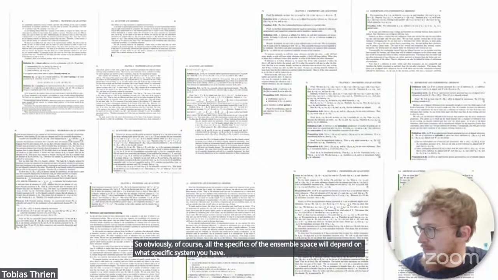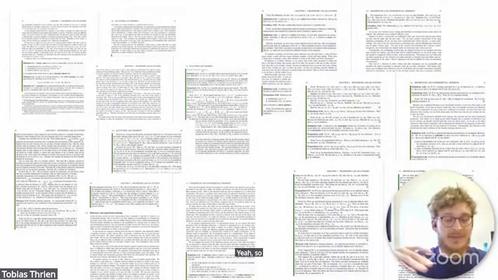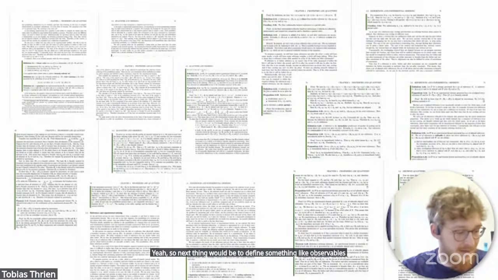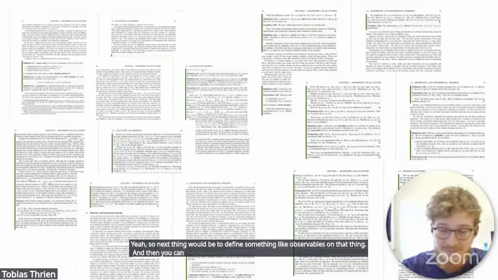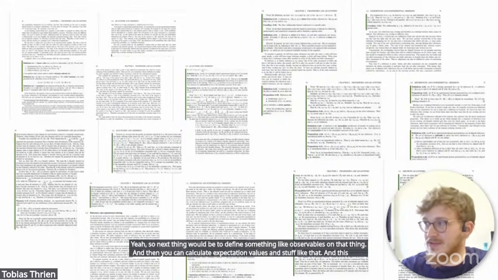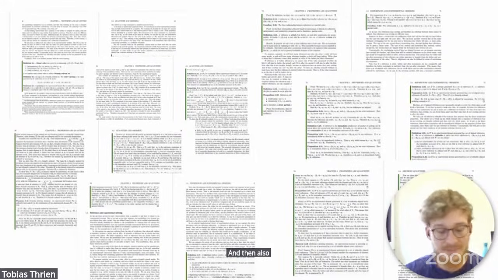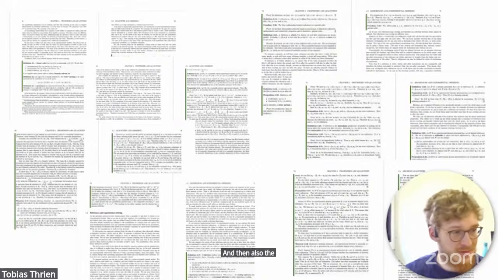The next thing would be to define something like observables on that, and then you can calculate expectation values and so on. This will depend on the specific system. And then also, for example, the specific topology that you put on it.